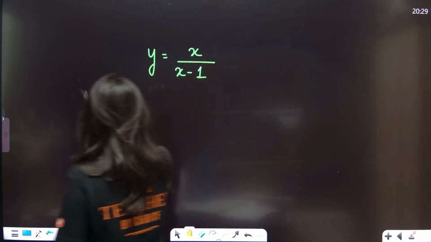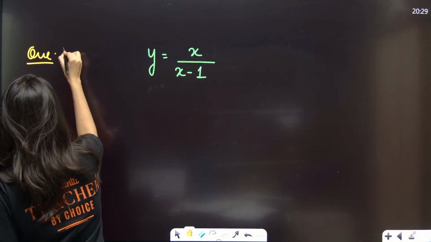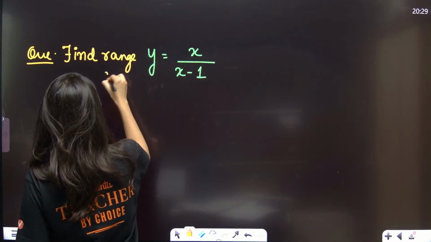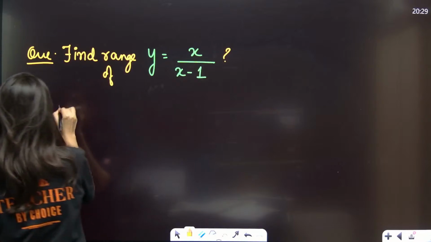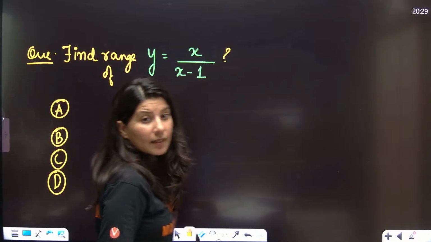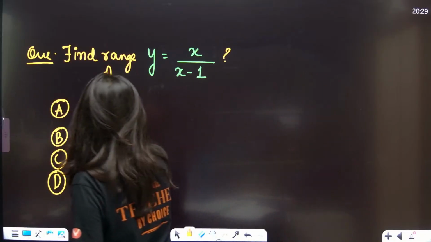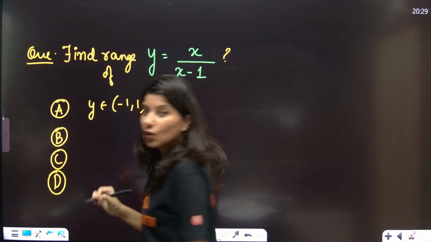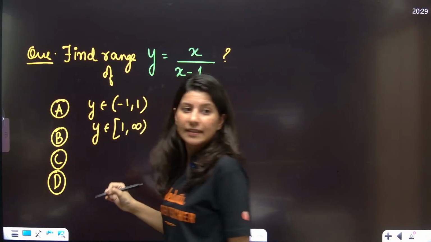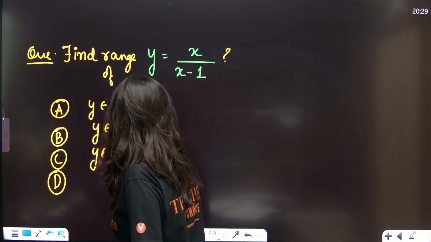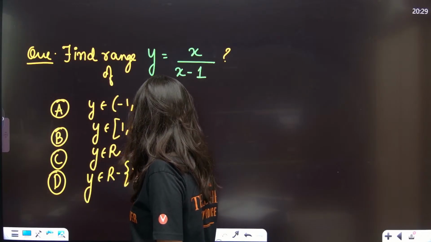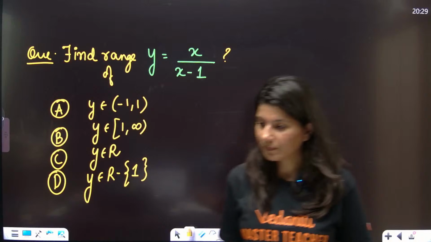We need to find the range of this function, and you have got options as well: A, y belongs to -1 to 1; B, y belongs to 1 to infinity; C, y belongs to all real values; and D, y belongs to all real values except 1.